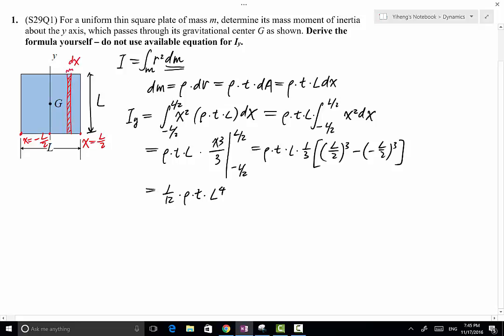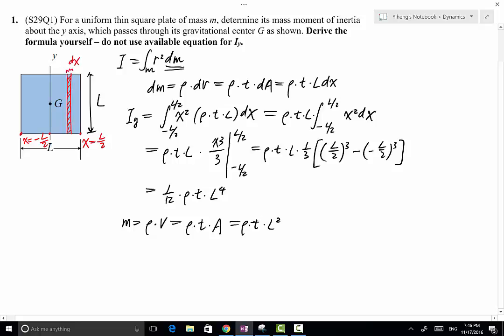Now don't forget, we know the thin plate has a mass of m, and m equals, again, rho times V, and in this case this equals rho times t times A, the area. The total area is L squared. That's the area of this square.